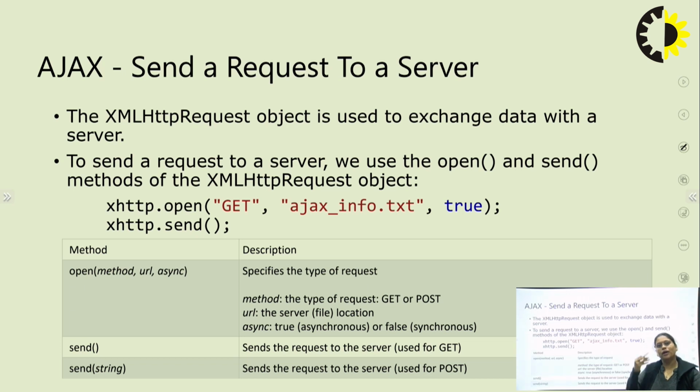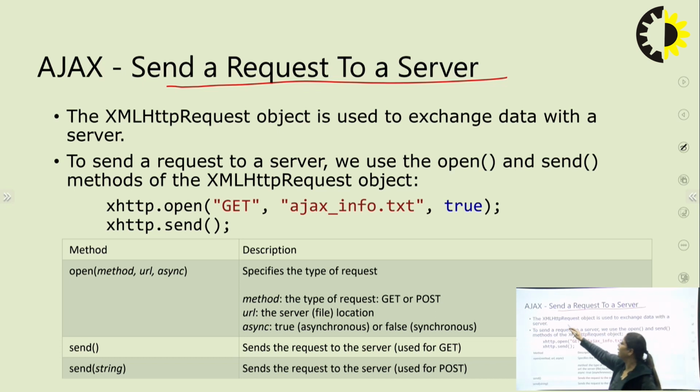Now, let us see how we can send the request, how the XML HTTP request object is created, and how we send this XML HTTP request to the server. This is the process of sending a request to the server. As I have already told you, when we use Ajax technology, we have to keep in mind that we send the XML HTTP request object, not an HTTP request, to the server.